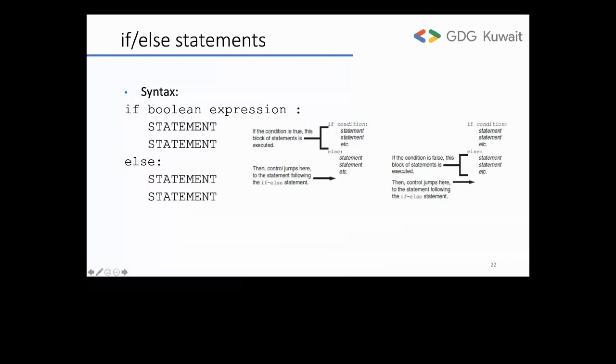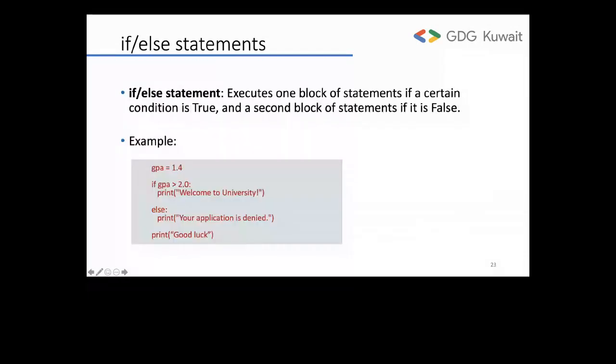Here is another example of if else. We have a GPA of 1.4. If the GPA is greater than 2.0, the program will print welcome to the university. Else, the program will say that your application is denied.